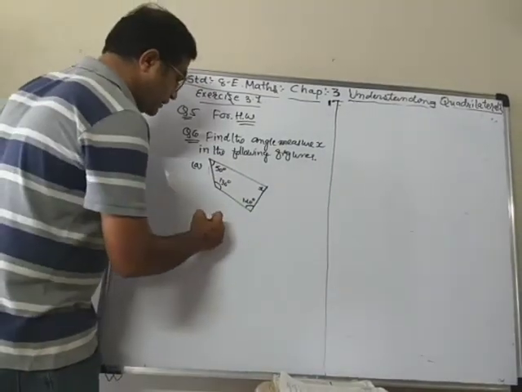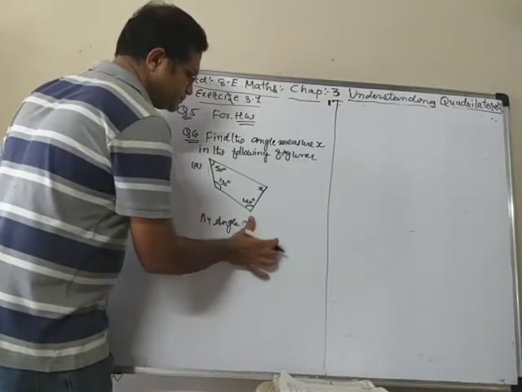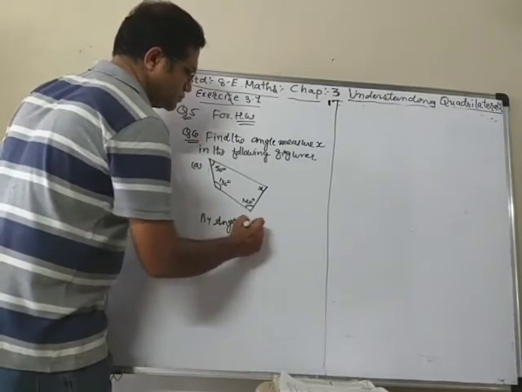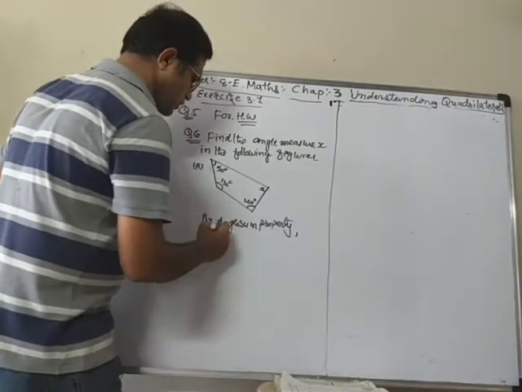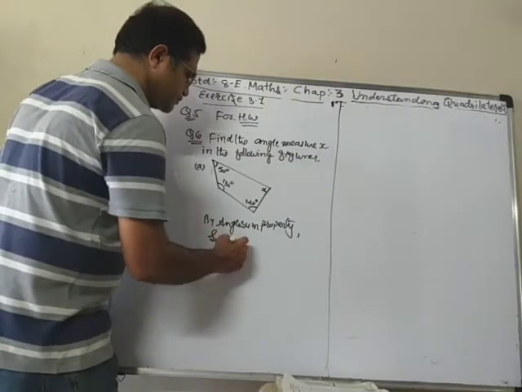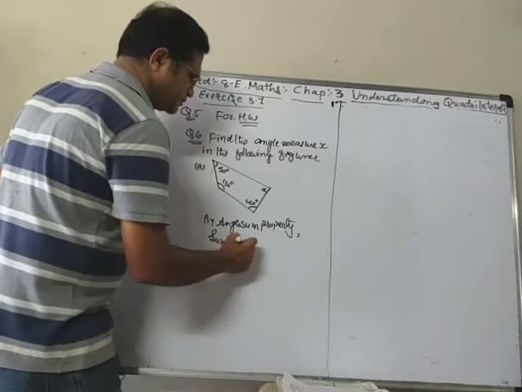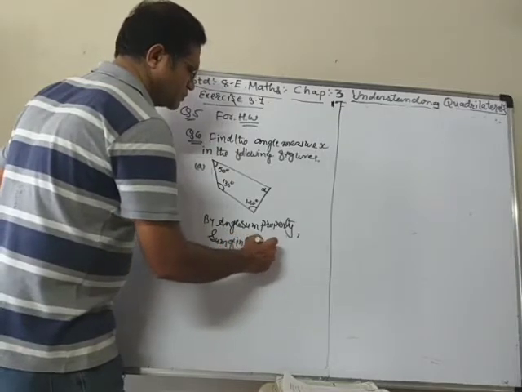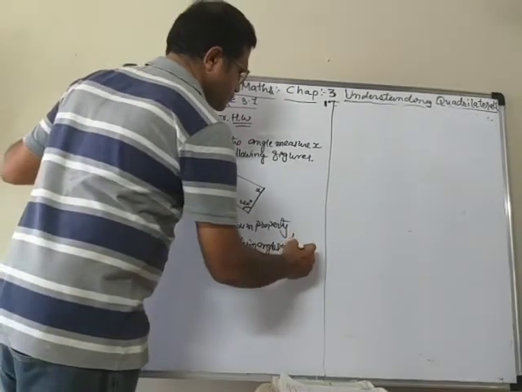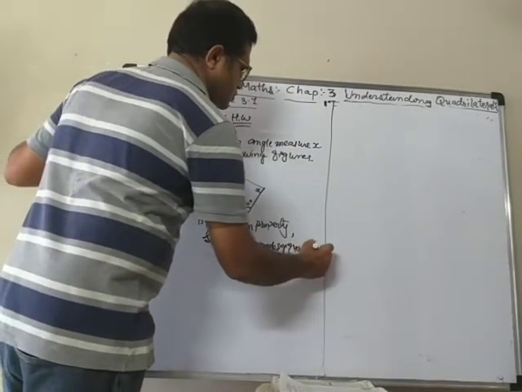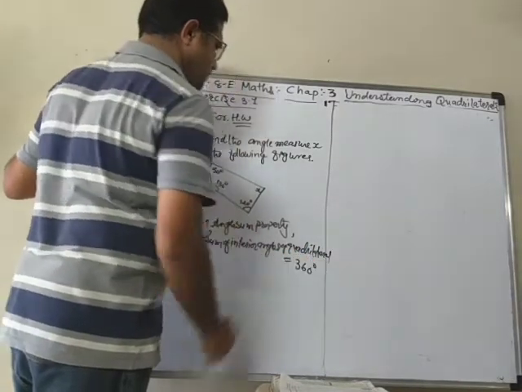So you can write down by angle sum property, sum of interior angles of a quadrilateral is equal to 360 degree.